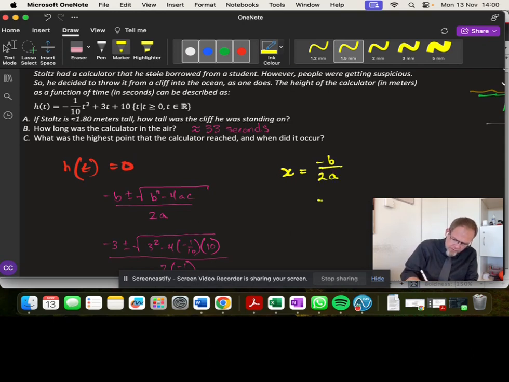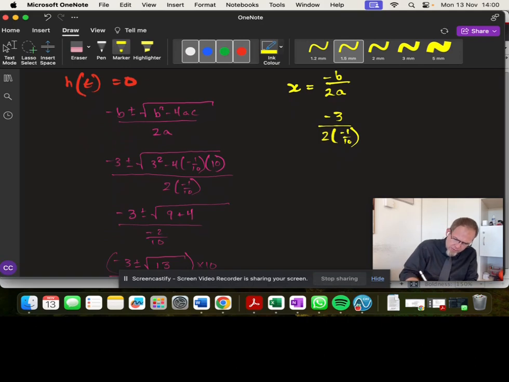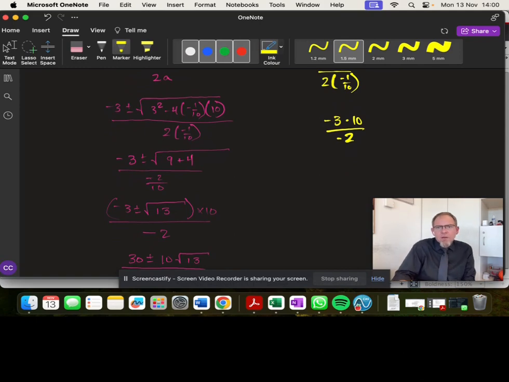So the axis of symmetry is always negative b over 2a. So substituting that in, I have negative 3 over 2 times negative 1/10. So this would happen at negative 3 times 10 all over negative 2. 3 times 10 is 30, divided by 2 is 15.